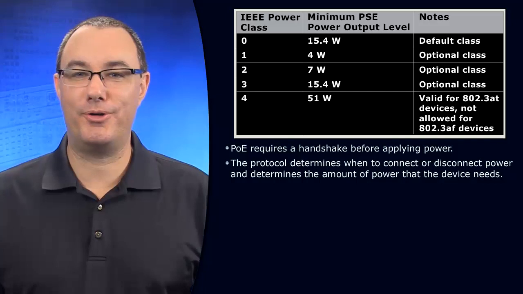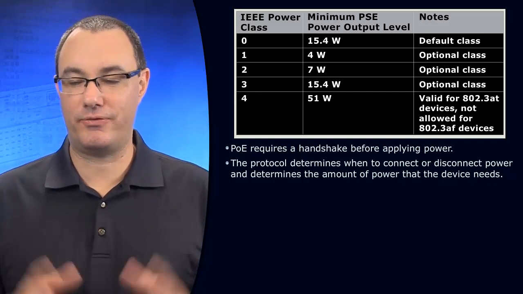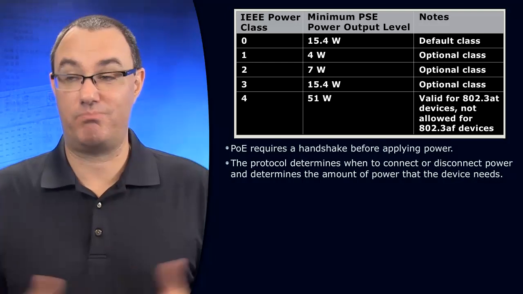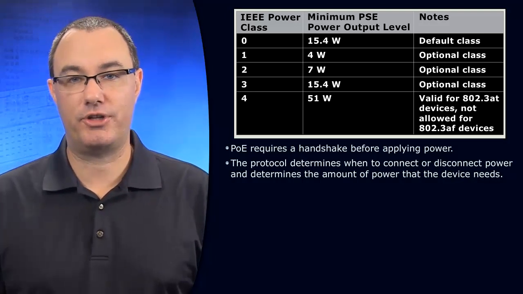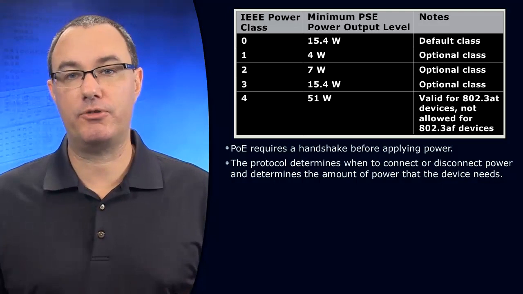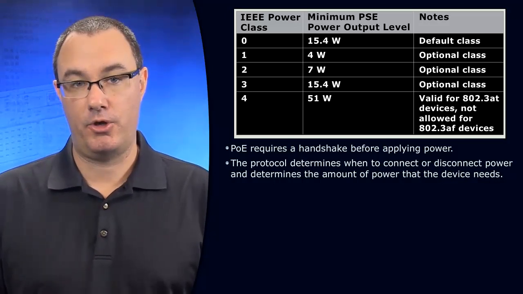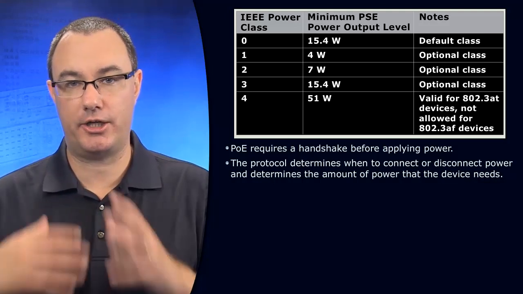If we're a power over Ethernet sourcing device, if we're PSE, does that mean we're just shoveling out juice and hoping that someone's going to use it or being promiscuous with our power? The answer is no. We're going to test. We are going to test and do a handshake and a negotiation.